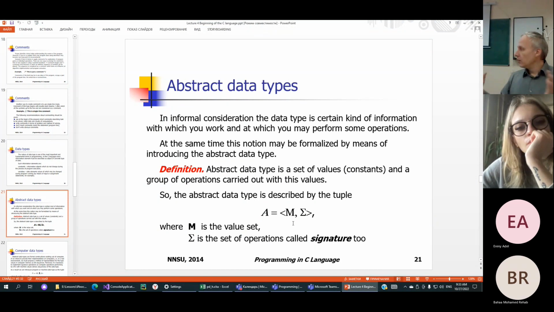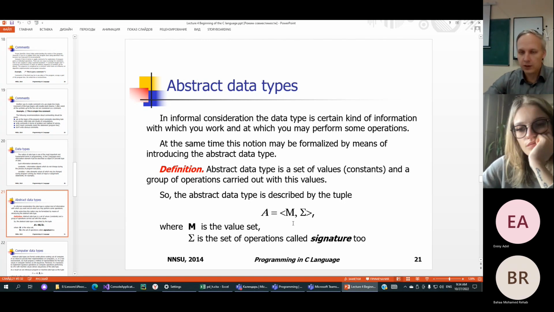So when we consider the so-called abstract data type, we can define it as a set of values and set of operations carried out with these values.